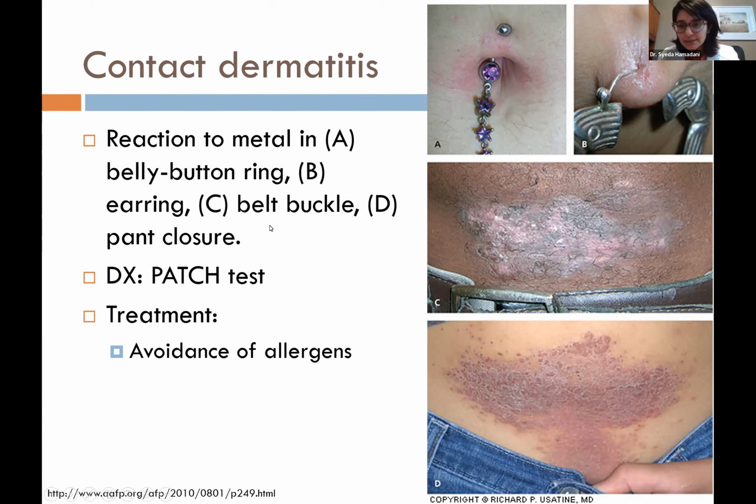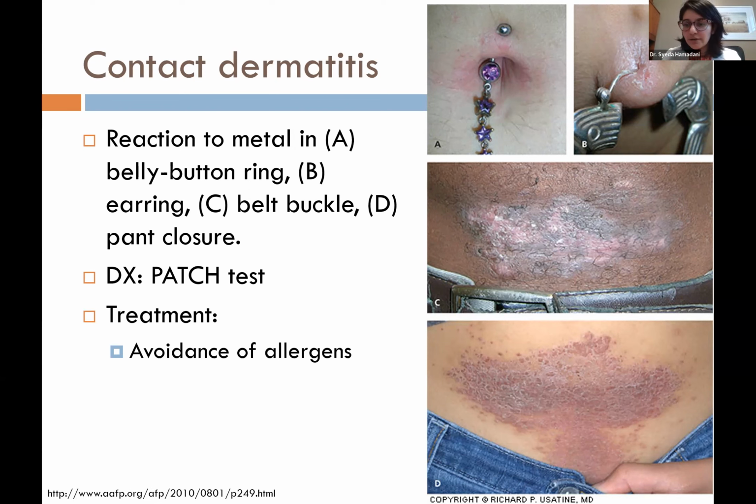We talked about patch testing earlier. So again, metal, sometimes you'll see patients that have had implants of some kind. For example, I've had patients come in to say, hey, I had a knee implant years ago, and I've had issues around that knee. I want to be tested for the products that were used or the metal that was used.